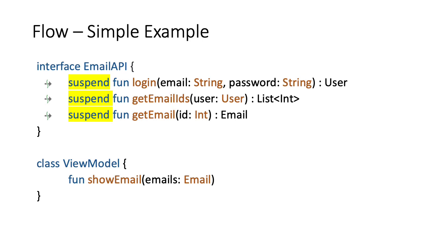We'll assume each function takes a significant amount of time, and it's already been dispatched on an IO thread pool. Then we have one more object called the view model. This is a UI element which shows the emails as they are fetched.